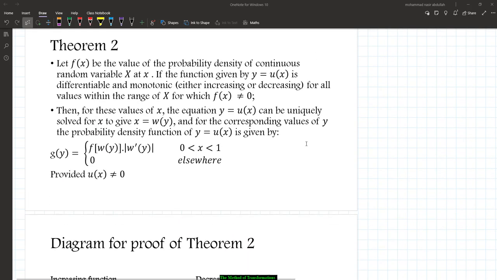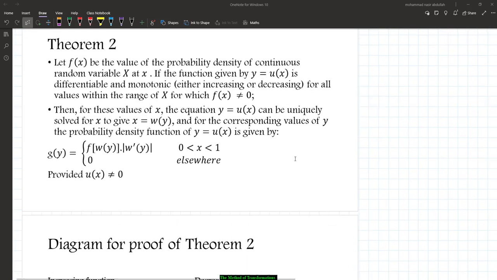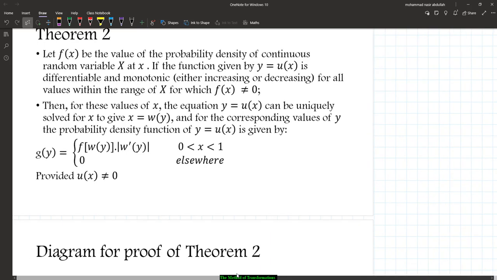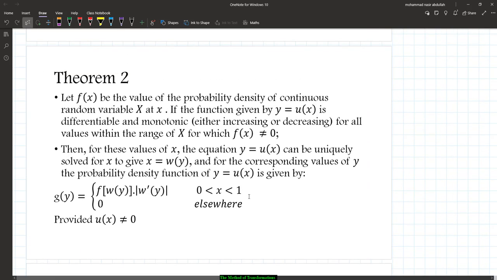Now let's look at theorem number 2. Later on, when you get the book, you can look at the theorem. So let fx be a value of the probability density of continuous random variable x at random number x.